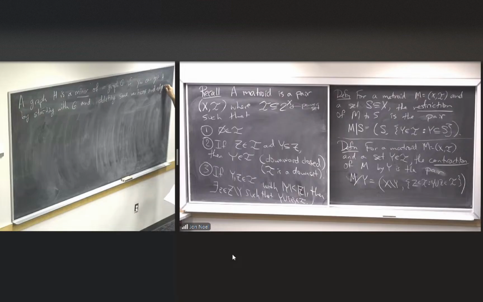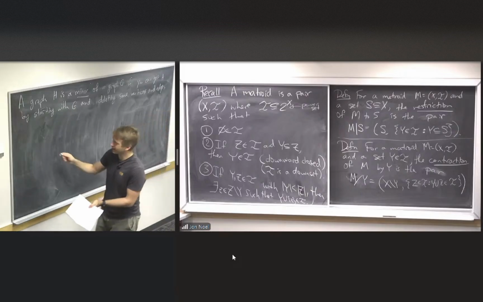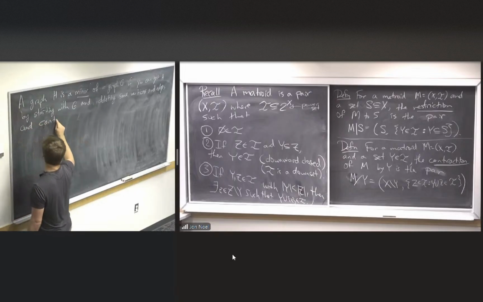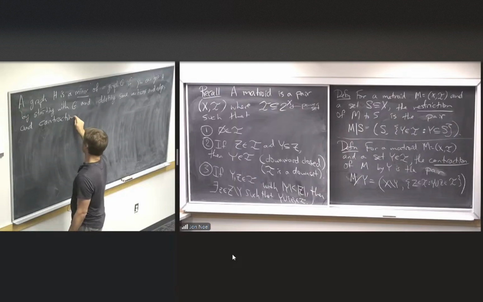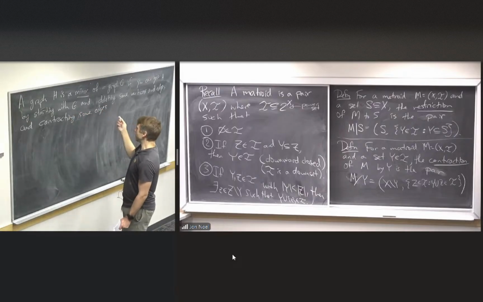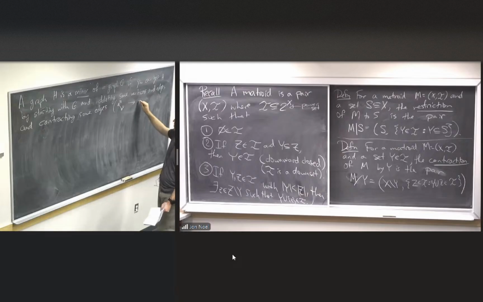Deleting vertices and edges would just give you a subgraph, so there's something different here: I also want to be allowed to contract edges. Contracting some edges means taking an edge UV and pulling together those vertices, making it one vertex.